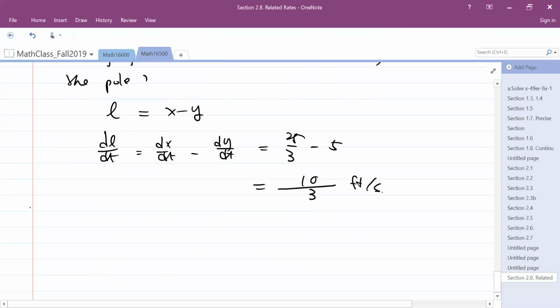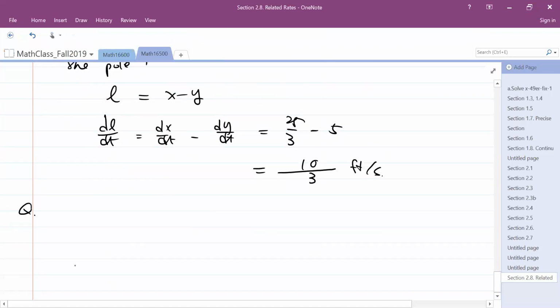Okay. So the next problem is a typical problem I mentioned last time already. Now this is a 10 feet long ladder.